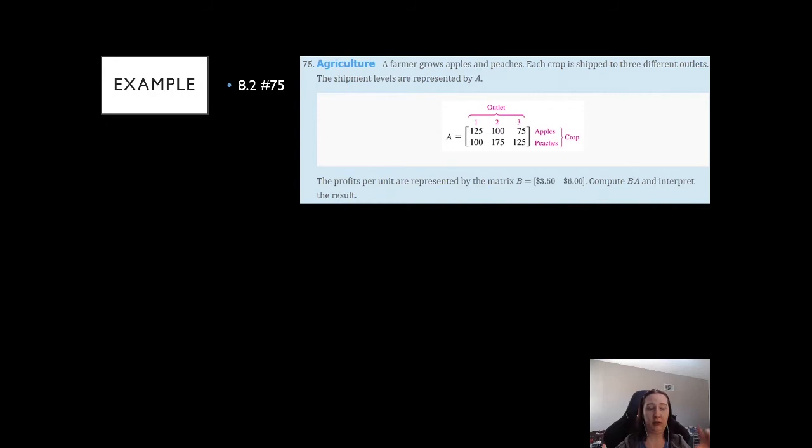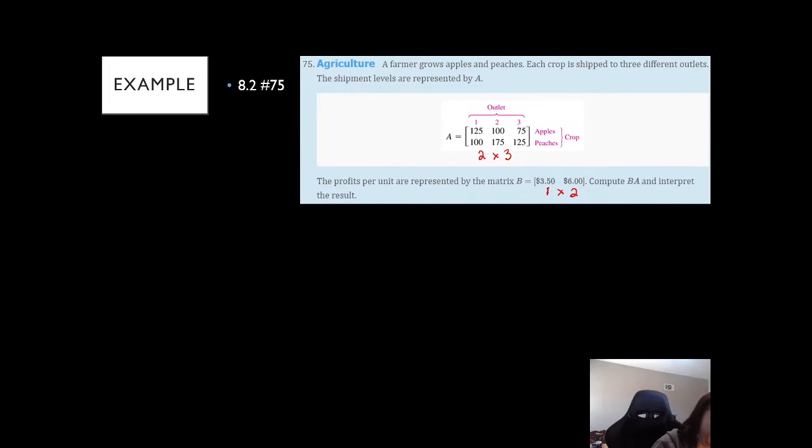So they're telling us specifically we need to do B times A. And you can figure that out because if you tried to do it the other way, you wouldn't really get an answer. So first, B here is a 1 by 2. So we have 1 row, 2 columns, and then we're multiplying it by a 2 by 3, 2 rows, 3 columns. Our answer matrix is going to be a 1 by 3, 1 row, 3 columns.